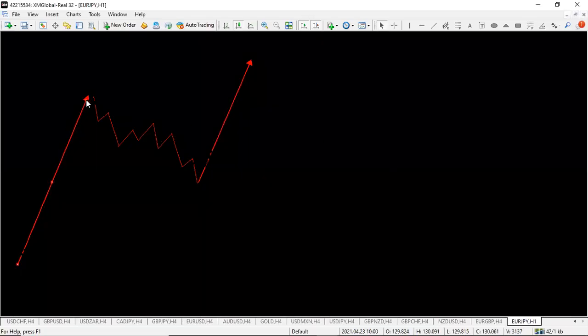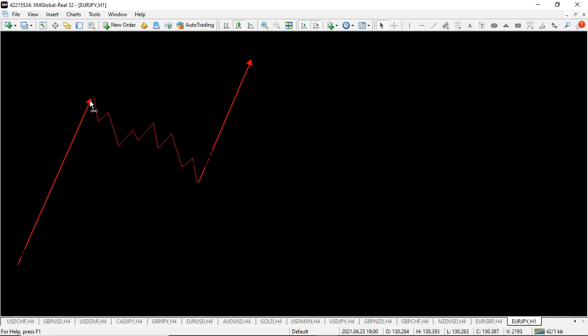So this is how a flat is formed. So let's label it.